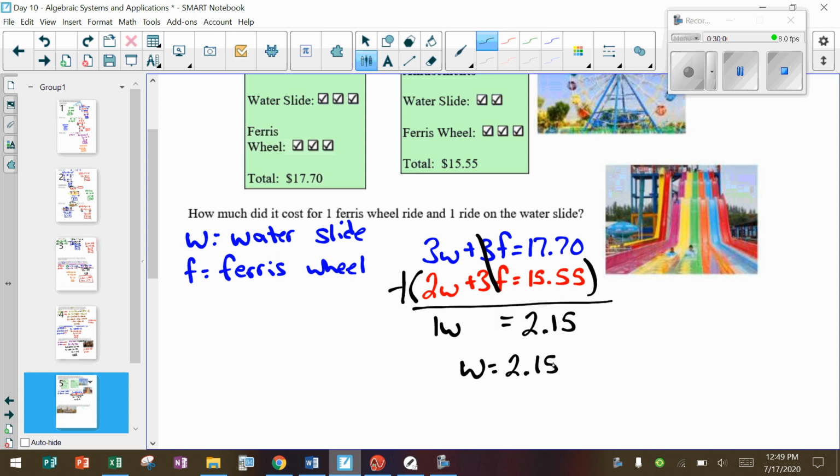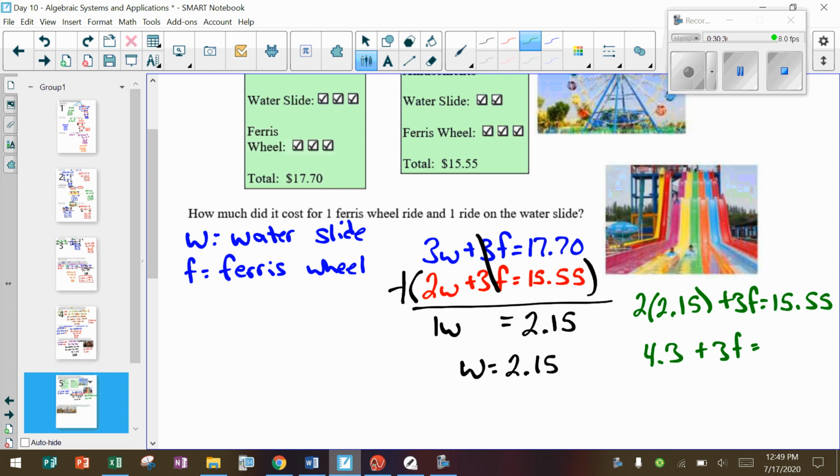Now that I know that, I can use either equation that I created to find the cost of a ticket for a Ferris wheel. So 2 water slides and 3 Ferris wheels was $15.55. If I do $2.15 times 2, that's $4.30 or 4.3.